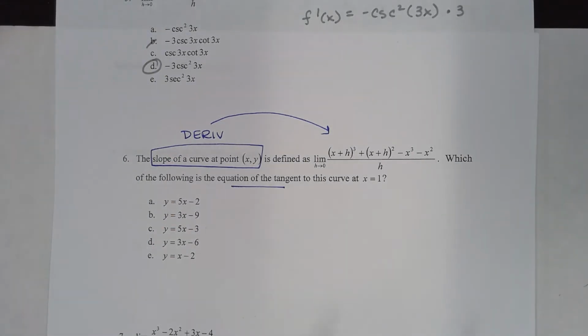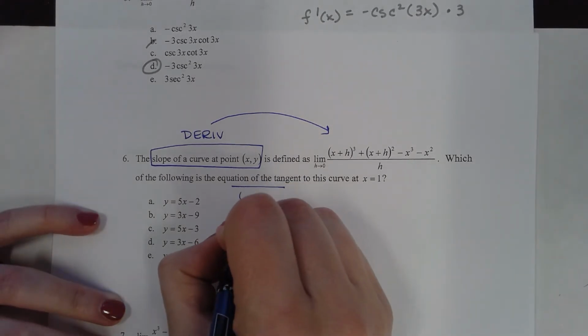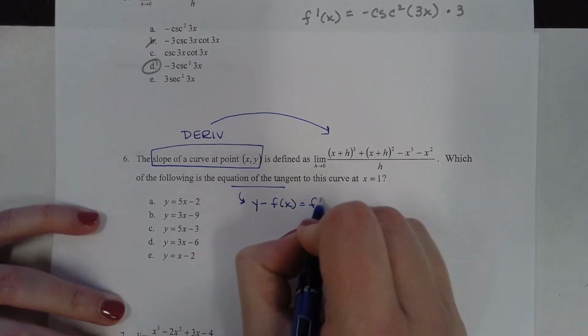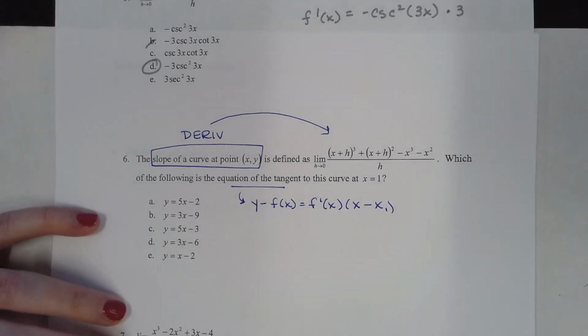Okay? So I need the equation of my tangent line at 1. So the equation of my tangent line, y minus f of x1 equals f prime of x1 times x minus x1. And they told me that x is 1.